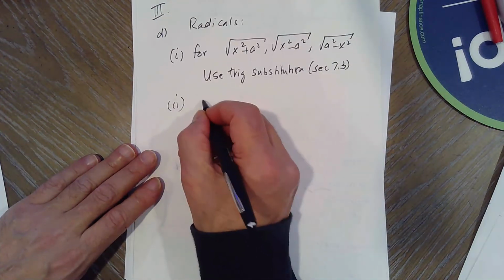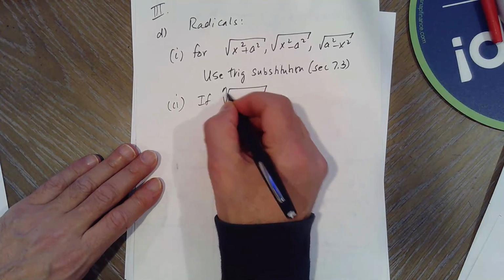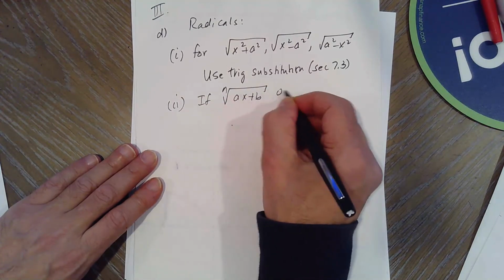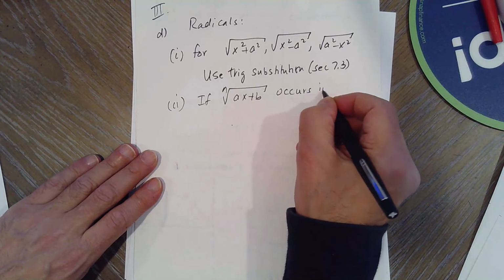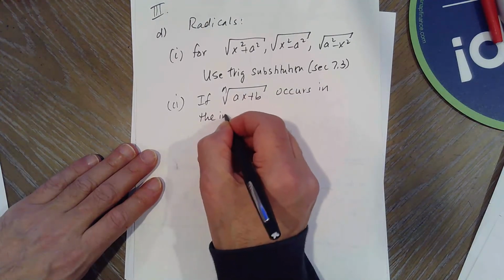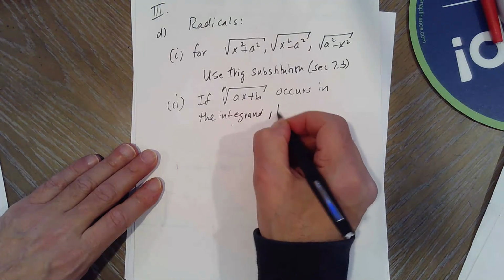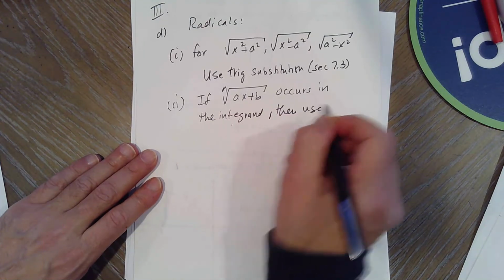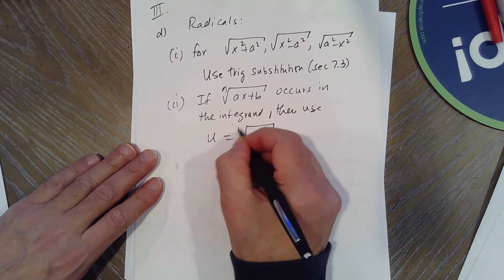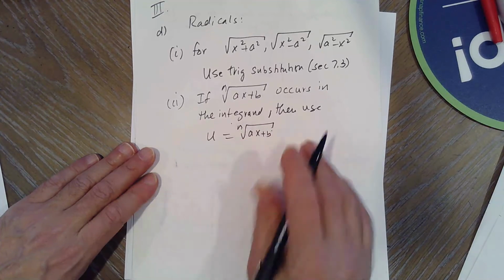And if the nth root of ax plus b occurs in the integrand, then use u substitution, u equals the nth root of ax plus b. Okay?